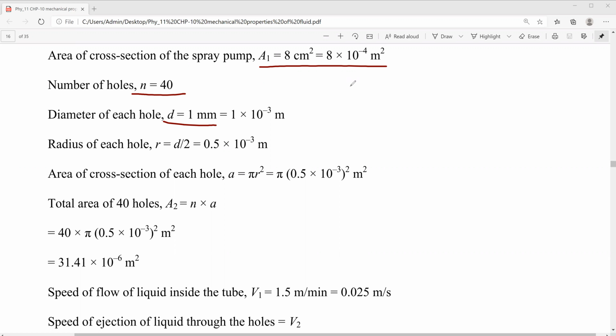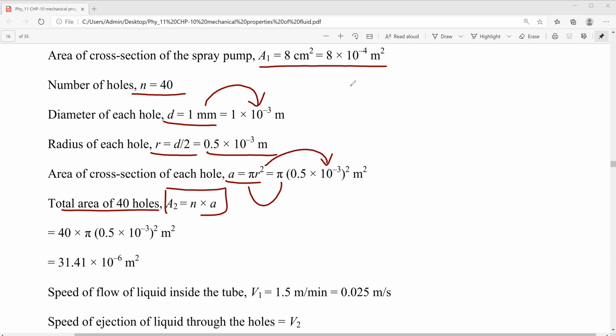The diameter is converted into meter, and the radius from the diameter we got is 0.5 into 10 to the power of minus 3 meter. The area of cross section is calculated by using the formula pi r square, and we need to calculate the total area for 40 holes.